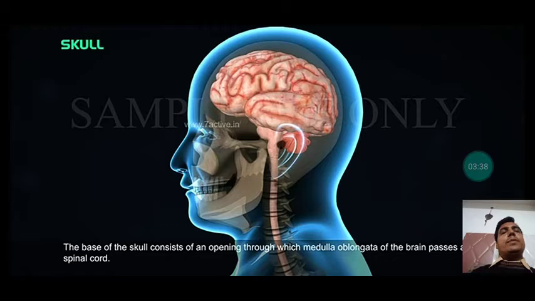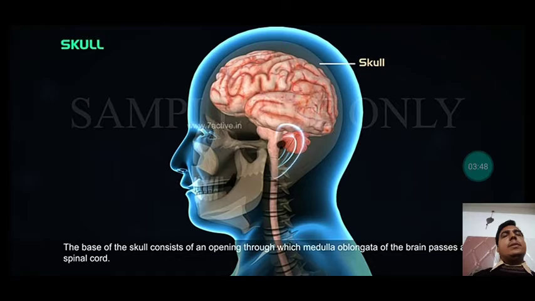The base of the skull consists of an opening through which the medulla oblongata of the brain passes and continues as the spinal cord. That is the medulla oblongata.